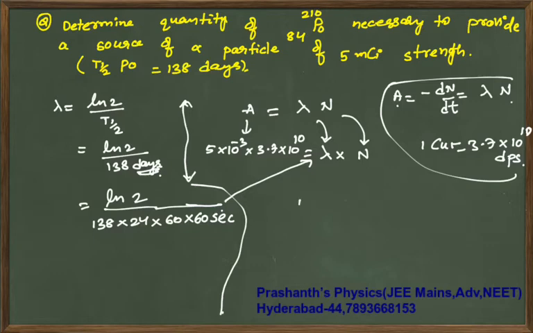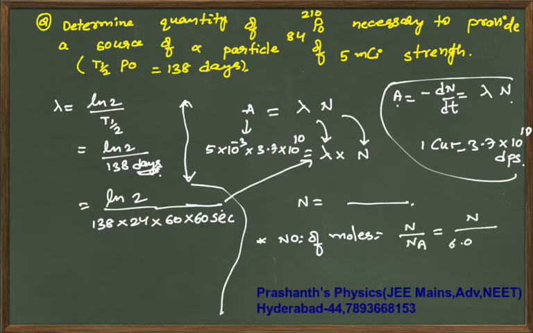Once you get N, you will get the number of atoms after simplifying everything. You have to get the number of moles first. Your number of moles will be N by Avogadro number, N by 6.023 into 10 power 23.